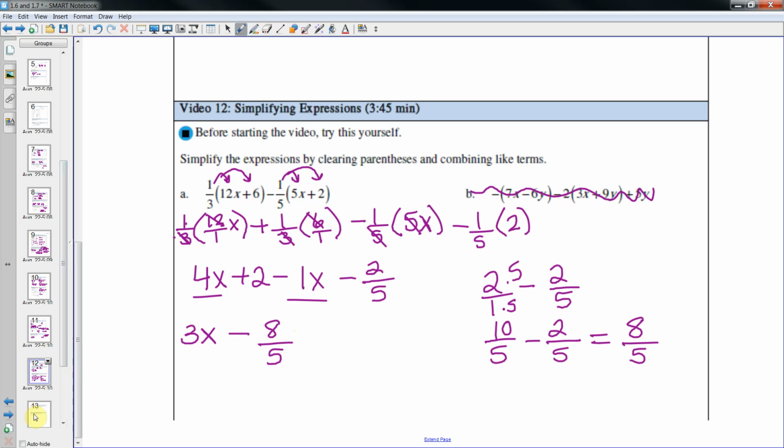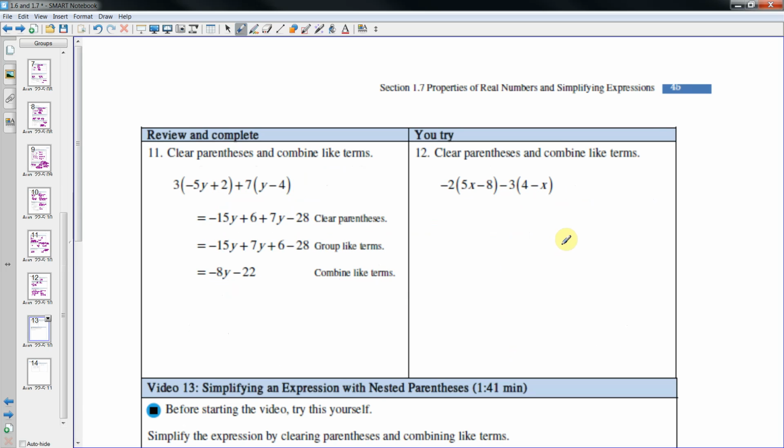I don't think you have any that difficult in homework as far as combining like terms and clearing parentheses. Most of them are going to be whole numbers, like this very next one. So I need to clear these parentheses, and then I'm going to combine like terms. So hippity hoppity, negative 2 times 5x gives me negative 10x. Negative 2 times a negative 8 gives me positive 16.